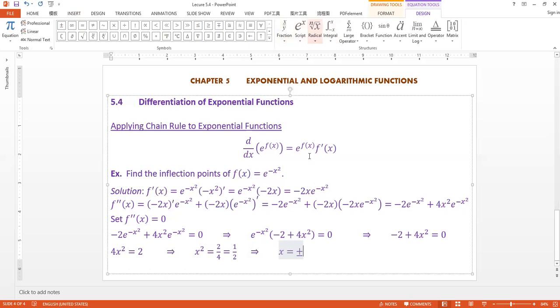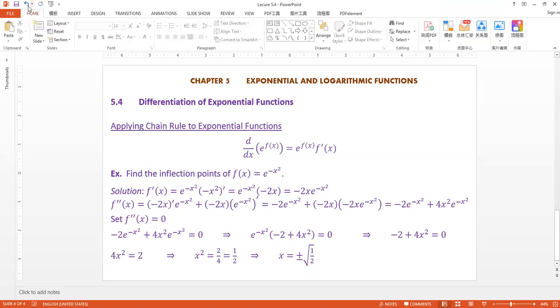So that's plus or minus square root of 1/2. And that's the answer. So there are 2 inflection points for this function.